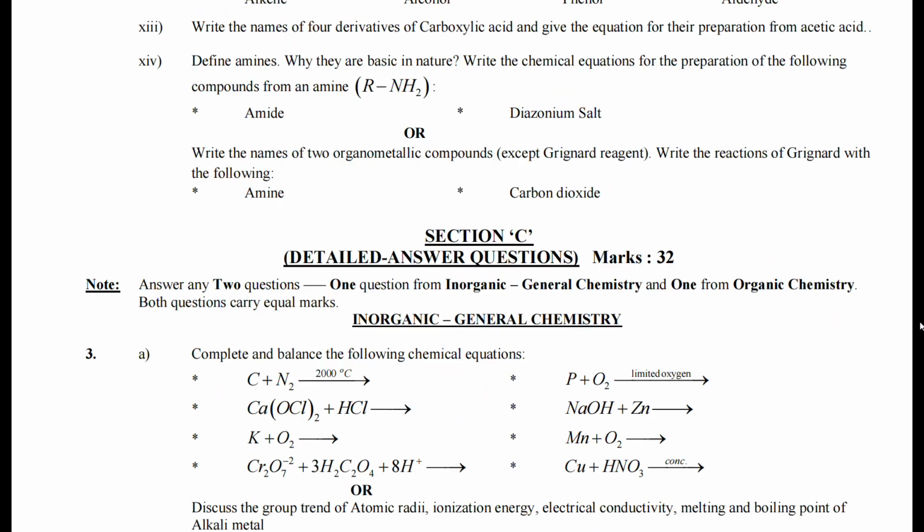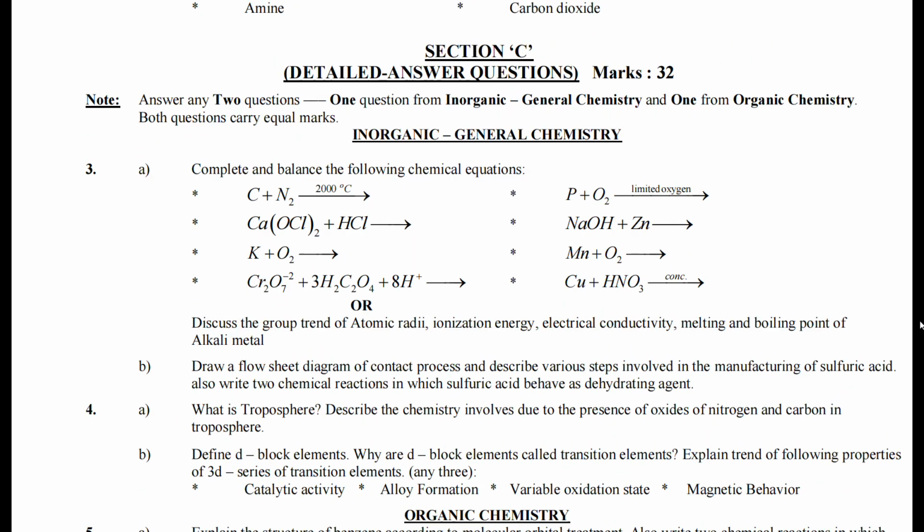For the detailed answer questions, which is Section C, the mark is 32 marks. Same criteria will be followed. You have inorganic and organic chemistry, and 1 detailed question must be attempted from both the sections, which means you get 2 detailed questions, and from these 2 you must attempt 1 question.